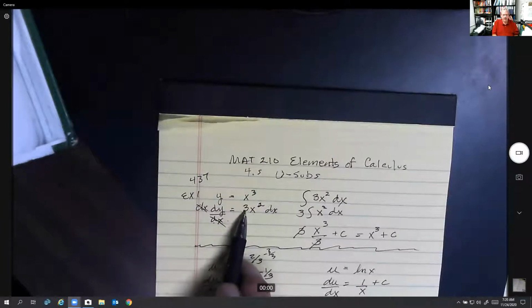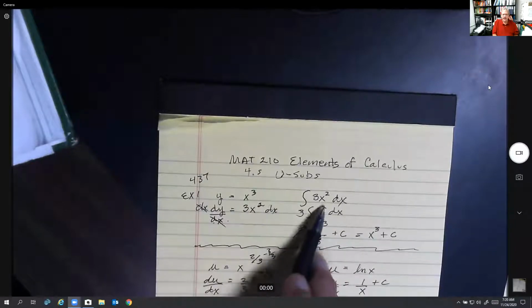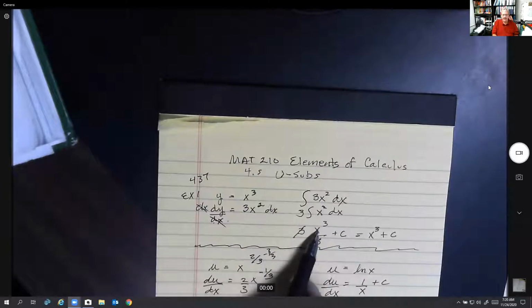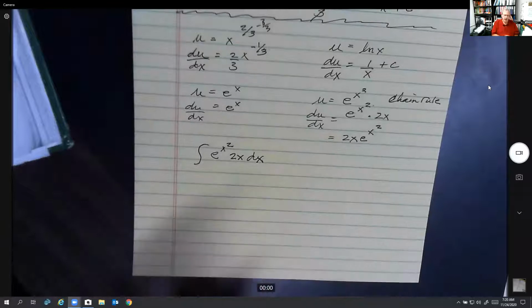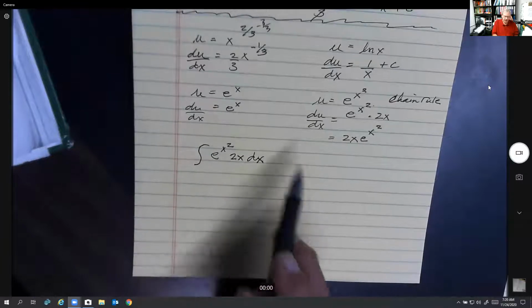We had the 3x squared dx. We could factor out the 3, then take the x squared and get x cubed over 3, and then reduce it down. But what about this problem if we have to take the integral of it? You see, because this involved the chain rule.